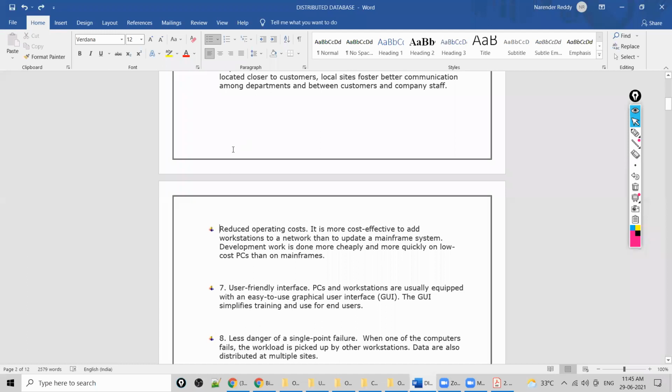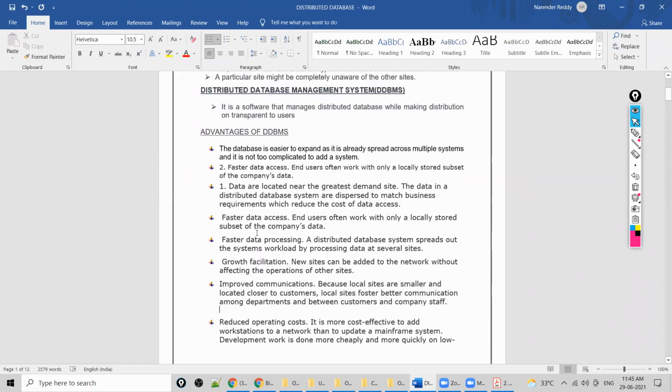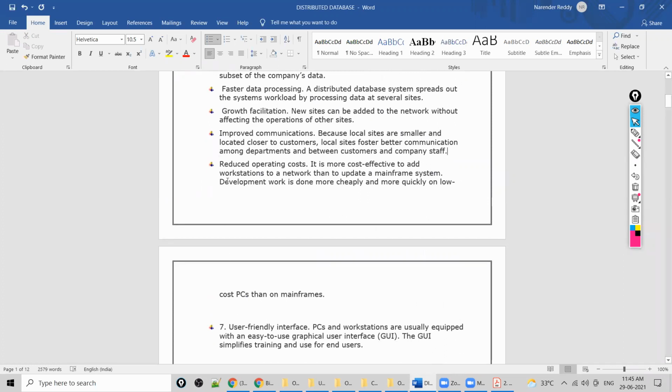These are all the advantages and disadvantages of DDBMS and distributed databases. Okay.